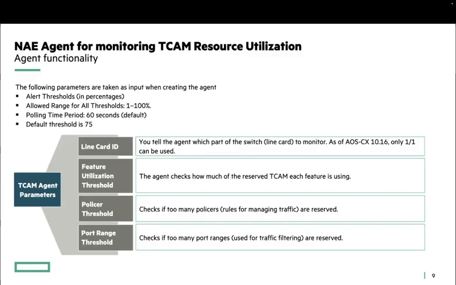We also have the feature utilization threshold, so the agent checks how much of the reserved TCAM each feature, ACL or control plane policy, is using. For the policer threshold, it will check if too many policers, which are rules for managing traffic, are reserved. And finally, the port ranges threshold, which will allow to check if too many port ranges, which are used for traffic filtering, are reserved.